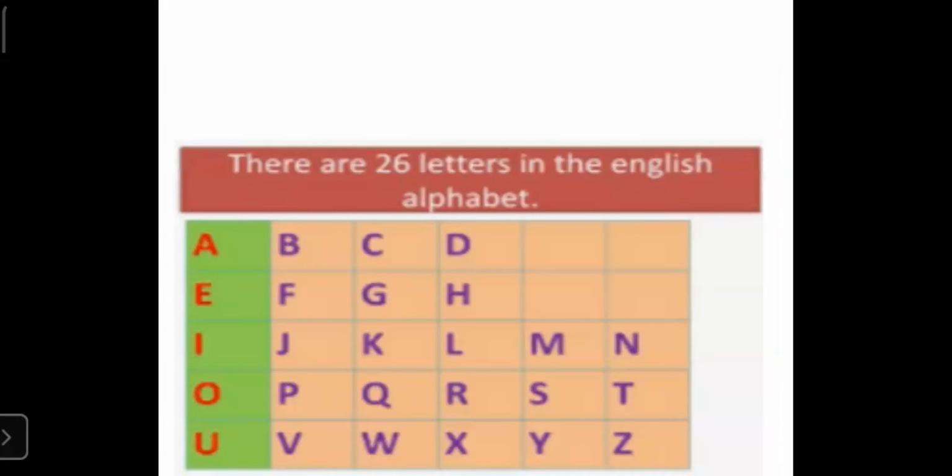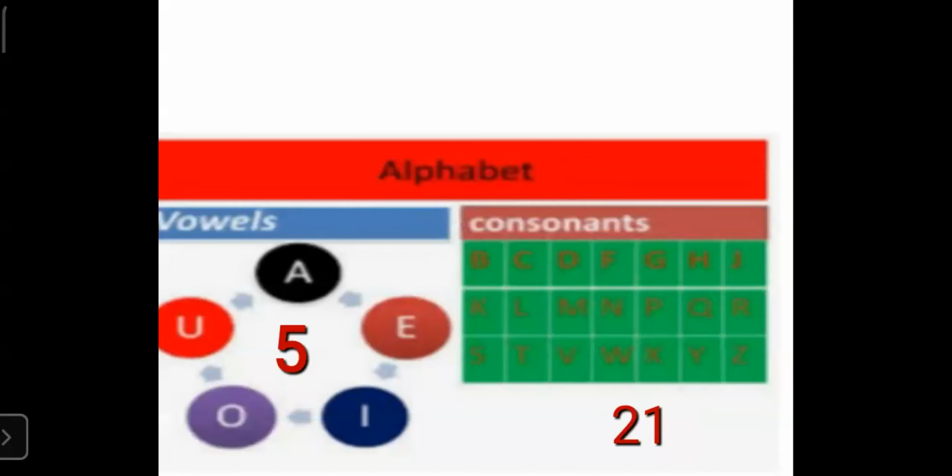So, what we have learned, out of 26 letters, 21 letters are called as consonants and the remaining 5 letters are called as vowels. What is the spelling of consonants? It is C-O-N-S-O-N-A-N-T-S, consonants.